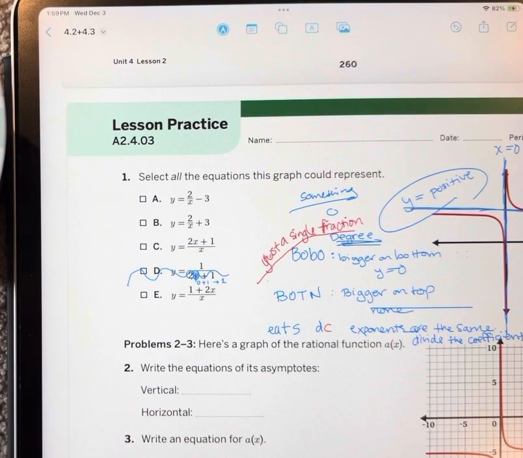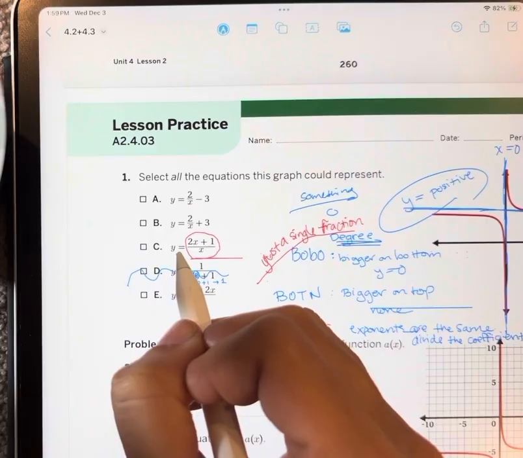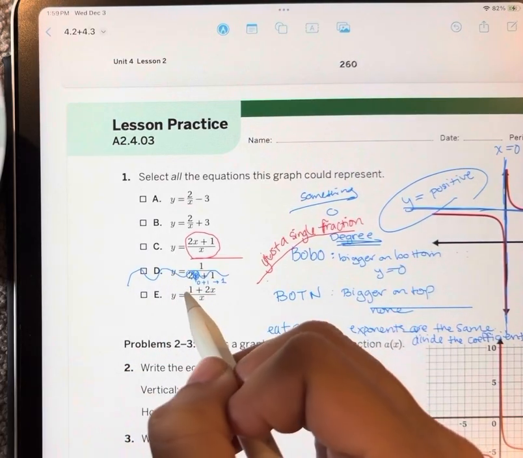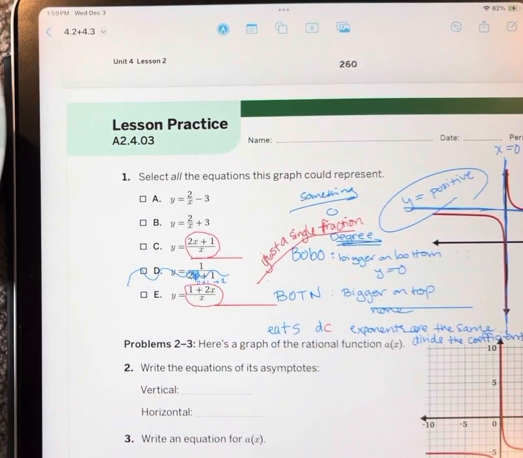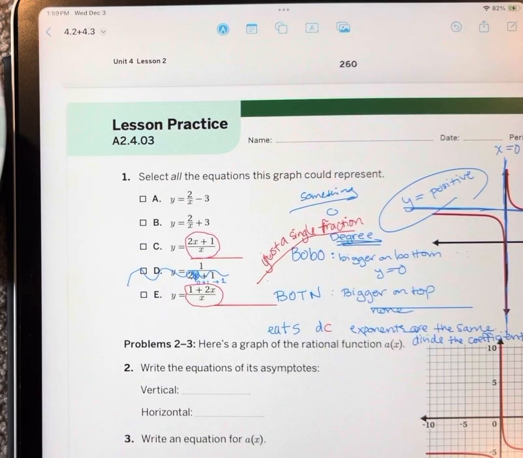So we're going to use Bobo Button for this one because the function is one fraction. And we're going to use Bobo Button for this one because the function is one fraction. And we're not going to use Bobo for these two. Okay, Bobo says if the exponents are the same, then you divide the coefficients.